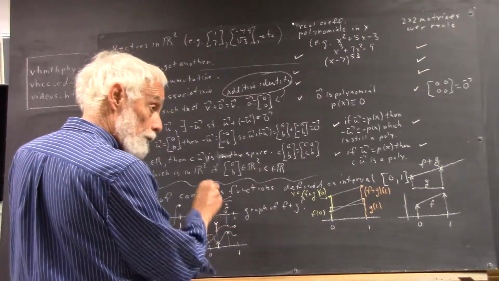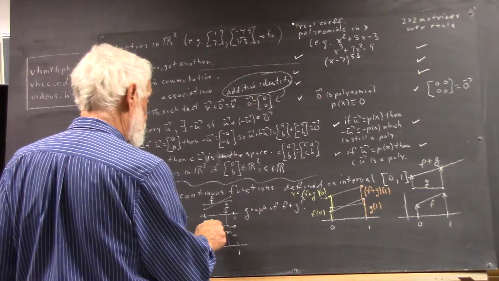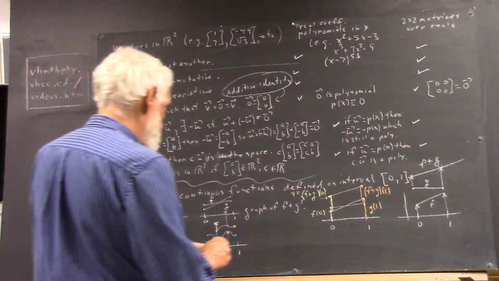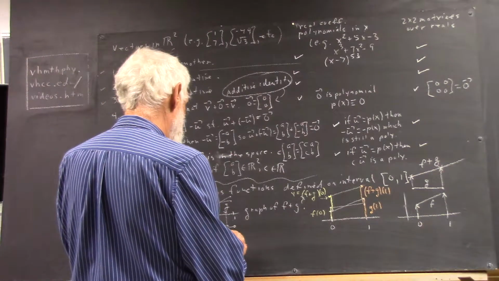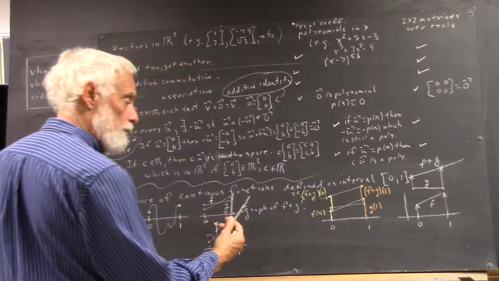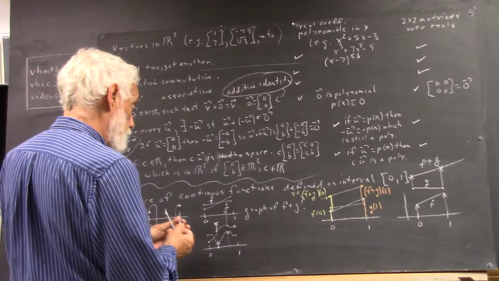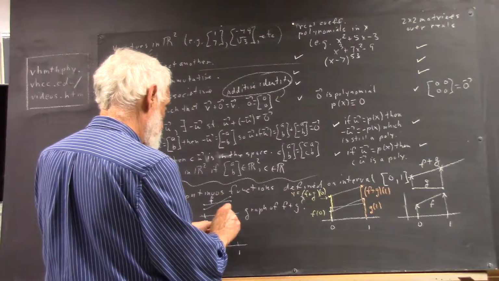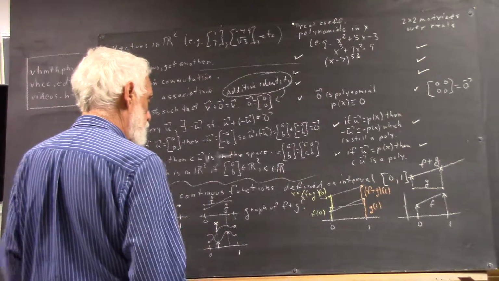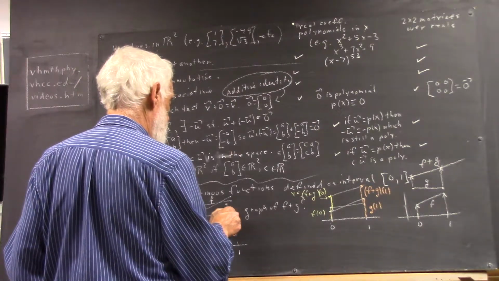In other words, I'm doing everything on the same vertical line, and I get this point. Then I'll take this one again. There's the value of the lower function. That's one function. Doesn't matter whether it's lower or higher, but we'll use the lower. And I add that to the value of the other function, and I get a point here.